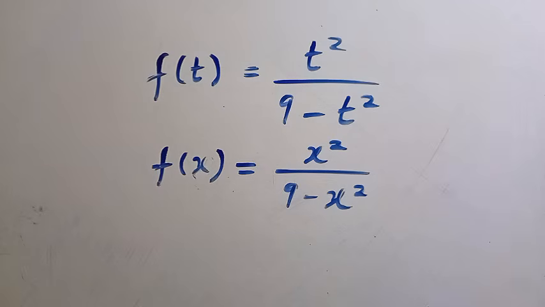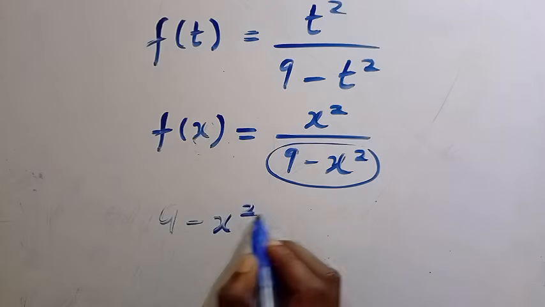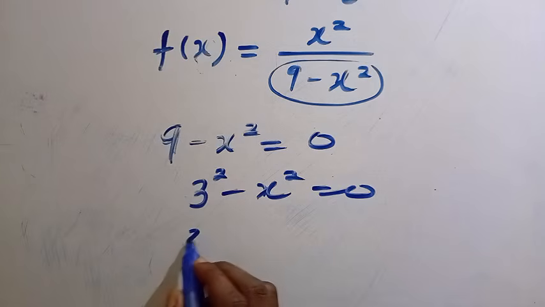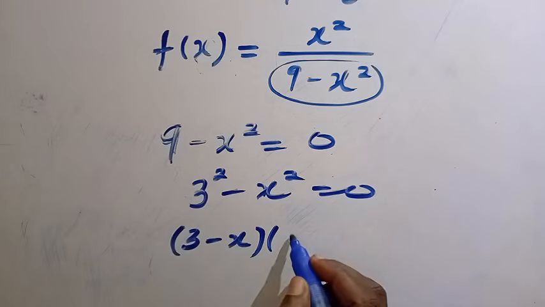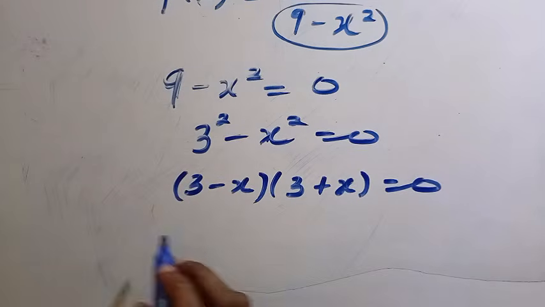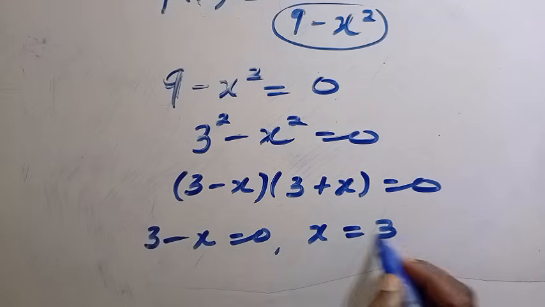If not, let's provide the domain of this. First, we make sure that this denominator is not equal to 0. Suppose I let 9 minus x squared equal 0, so I have to solve for the value of x. 9 here is 3 squared, so 3 squared minus x squared equals 0. Applying the difference of two squares, we have (3 minus x) multiplied by (3 plus x) equals 0. If 3 minus x equals 0, this shows that x equals 3.